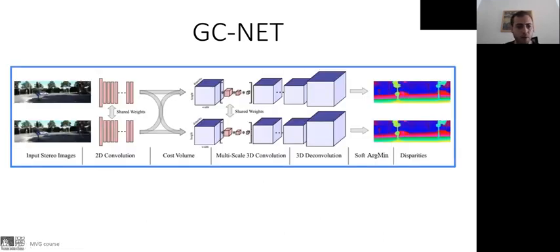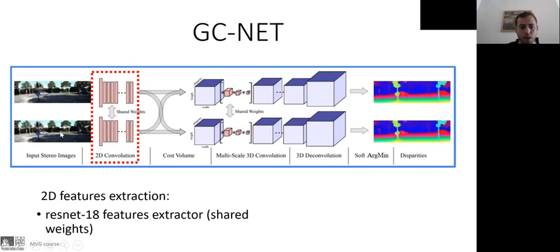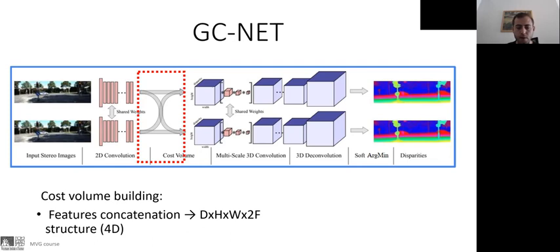Let's go very briefly over what they suggested. The network gets 2 images. It uses a 2D convolution to extract features from the images, so for each pixel I have a feature vector. Then I build the cost volume. According to disparities, I know which pixels to match.